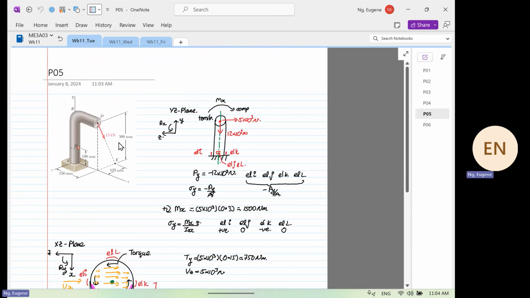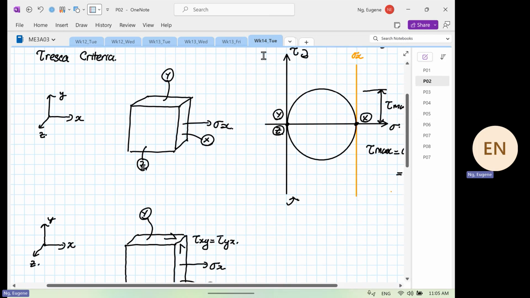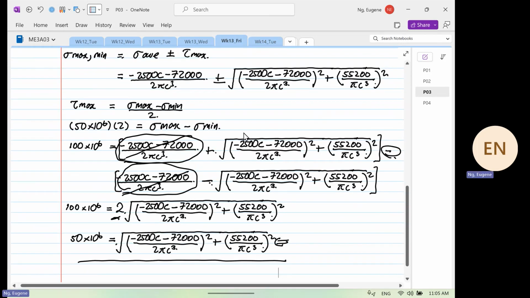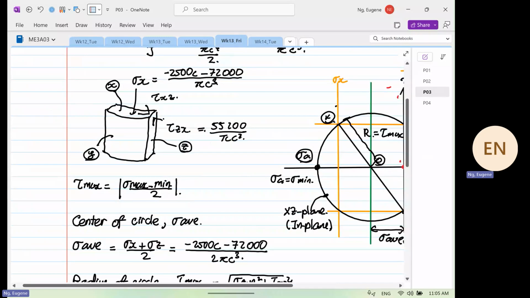But if you look at the stress state of the element, it also has one normal stress and one shear stress, and the rest is equal to 0. And the example that we did last Friday happened to be the same, where you have one normal stress component and one shearing stress component.